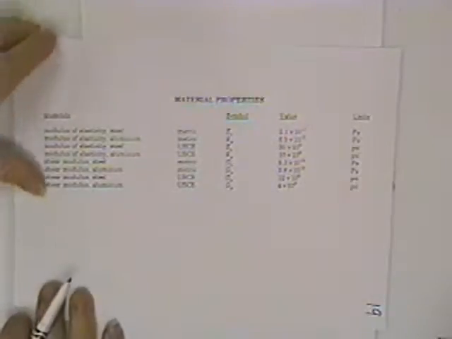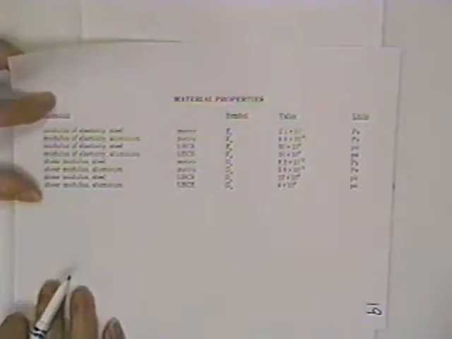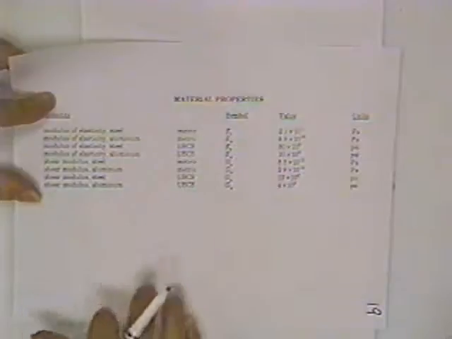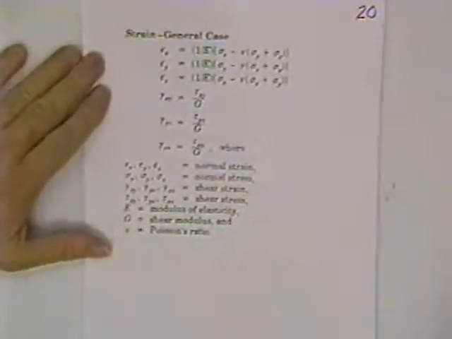Alright, there's also that table I was telling you about on page 32, just so you kind of know what it looks like. It gives you material properties for steel and aluminum in both metric and standard units. I'm not sure he'll use that on anything.